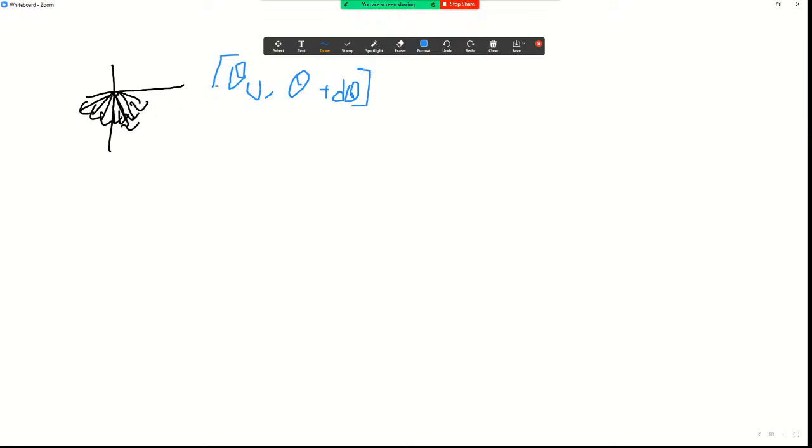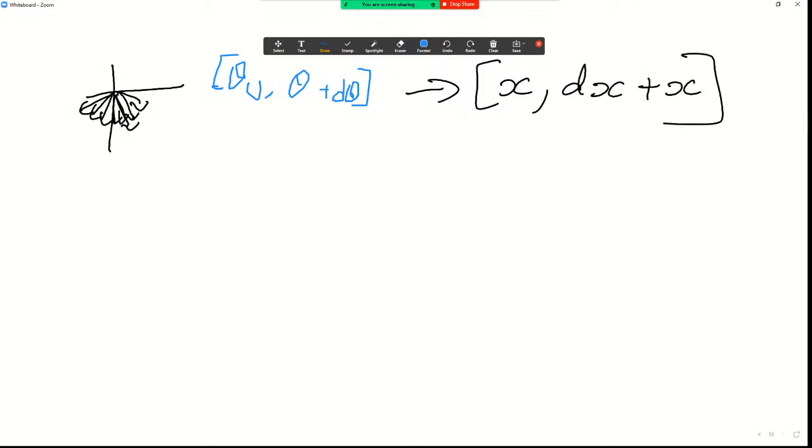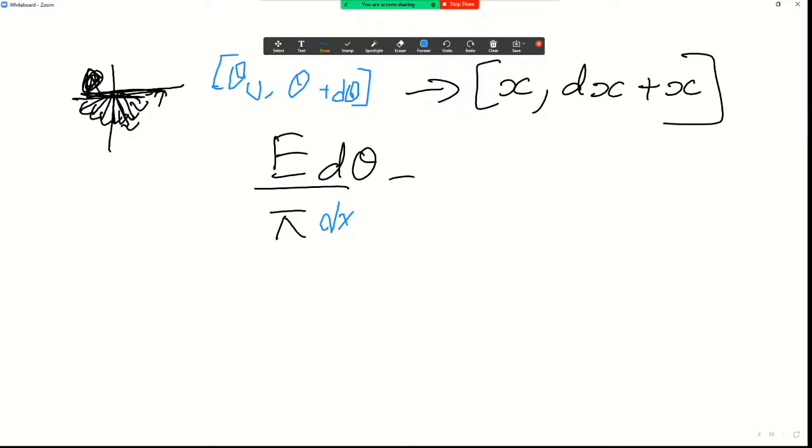Yes, so we can get that energy from x to x plus dx. So energy would be E over pi times d theta, as they can emit upward also, but as they have said absorbed here, it can occur in pi only.